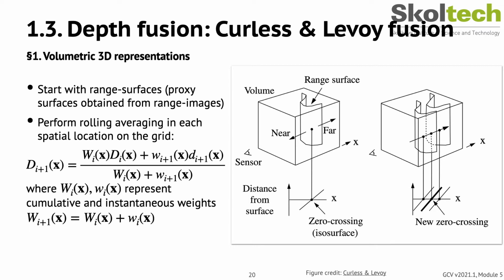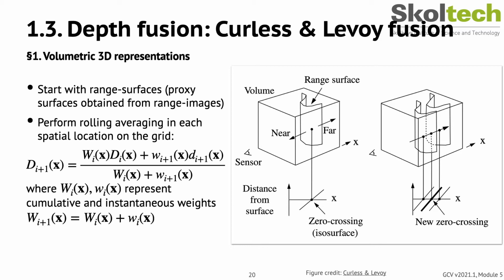Basically, the vanilla depth fusion method is from 1996 by Curless and Levoy, which starts with range surfaces that are proxy surfaces obtained from range images, and builds a volume around the range surface.